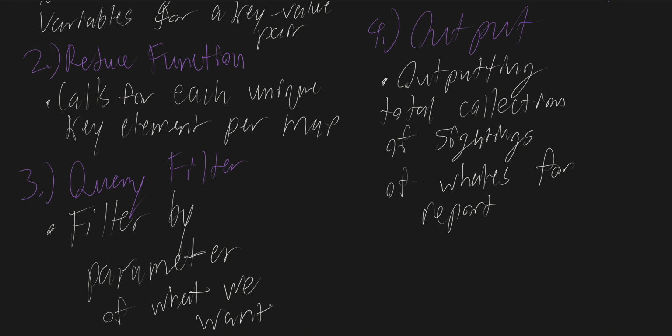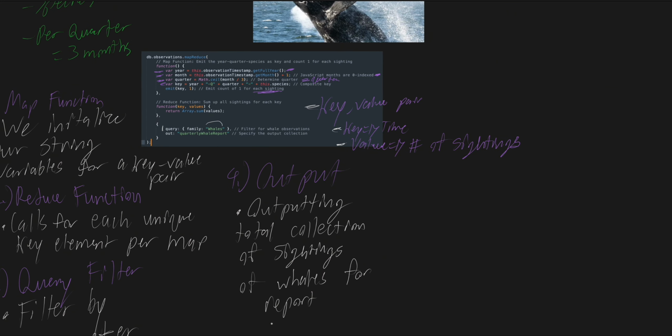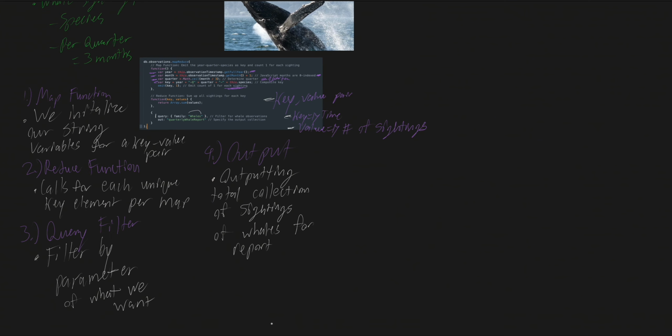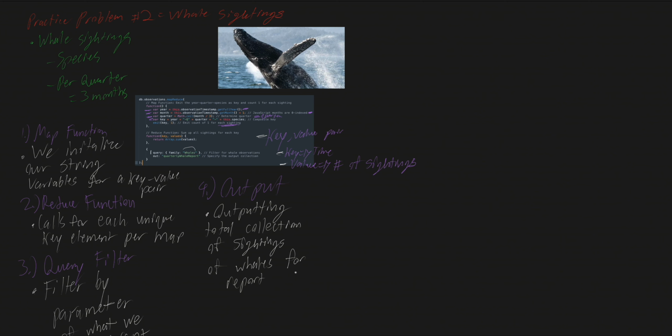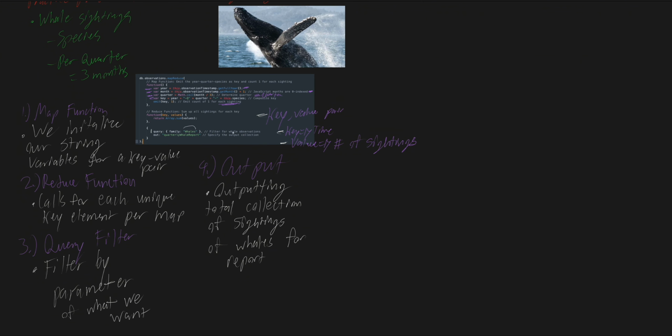And overall, this MapReduce operation provides a powerful tool for aggregating large sets of data across distributed systems, especially when dealing with complex grouping and summarizing tasks like this one. So let me just zoom out. And then again, feel free to take a screenshot of the following as well. Let me just fix this and then make this bigger for you folks.